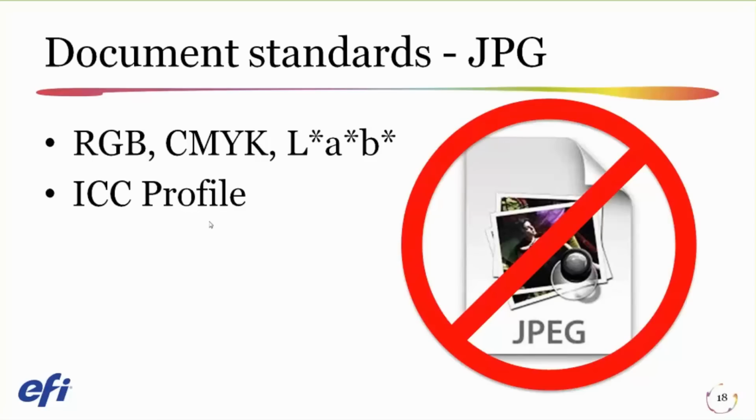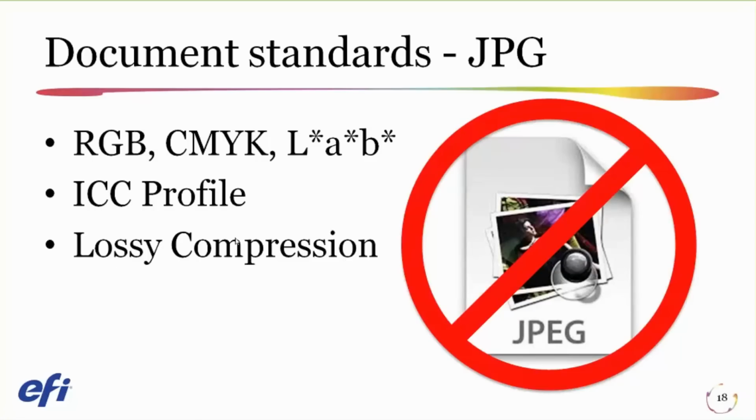It can support having a profile embedded in it, so that when I send you a JPEG file and you open it up in your software that is correctly configured for color management, you should be able to see on your calibrated profiled monitor an image that looks fairly close to what I saw on my calibrated and profiled monitor. So that's all good. But compression.